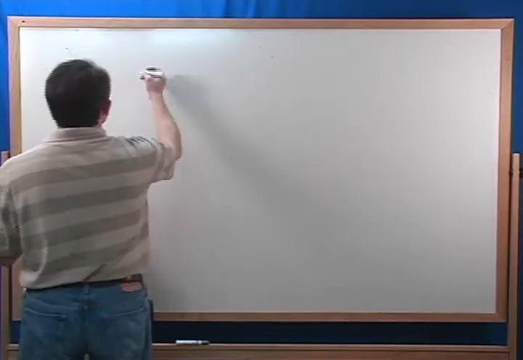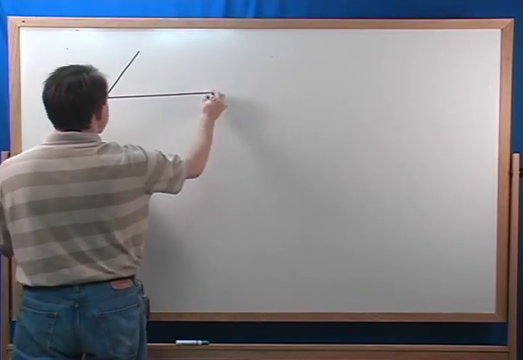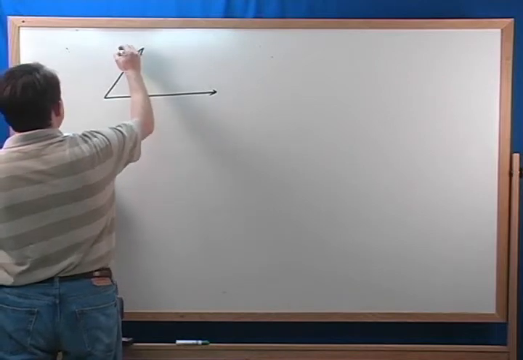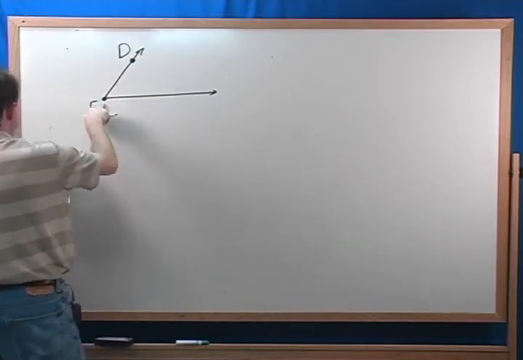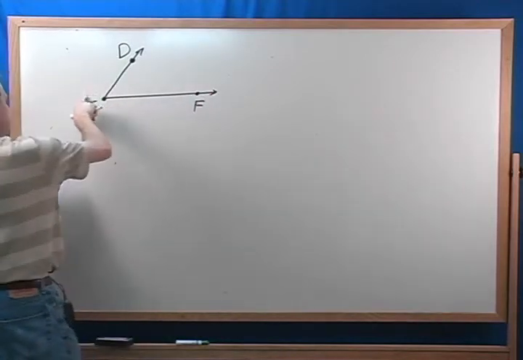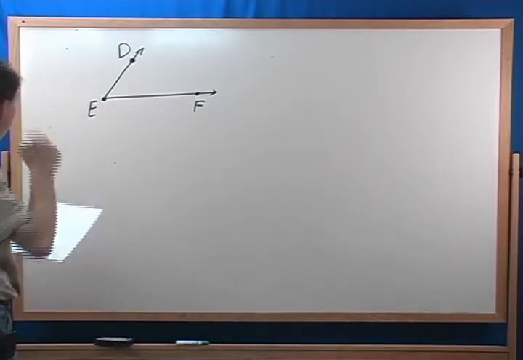Okay, so let's do some more examples. Let's say I have an angle that looks like this. My two rays that I've used to define the angle are D, E is the vertex point, and F here. So I've got a ray ED and a ray EF, and I've got a vertex here. So how do I write this angle?